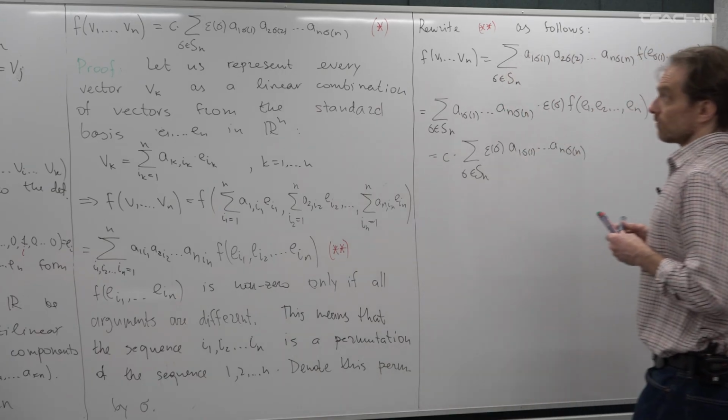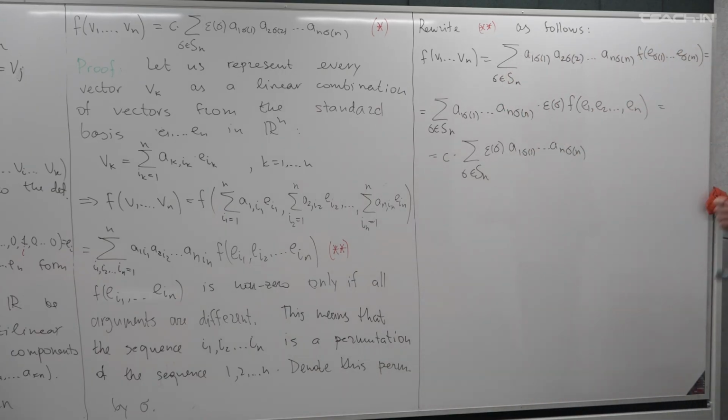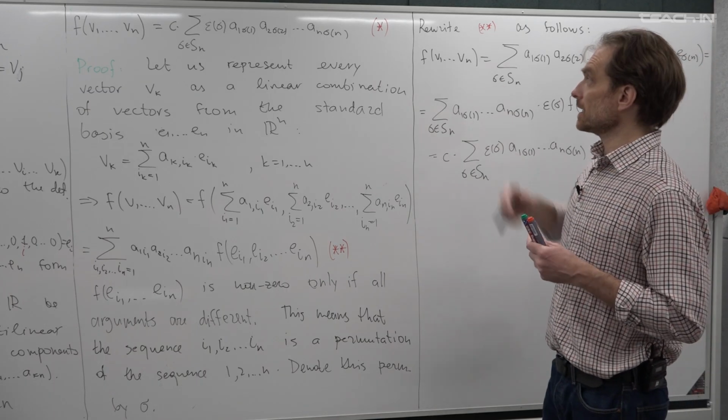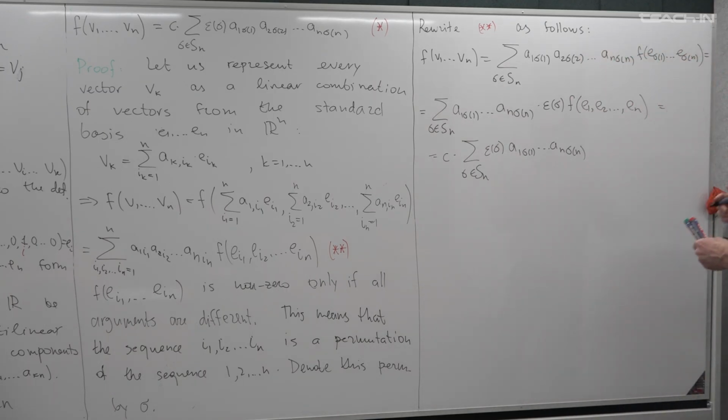So this proves the formula, but this is not yet the proof of the theorem, just because we managed to prove only that if such a function exists, then it has this form.